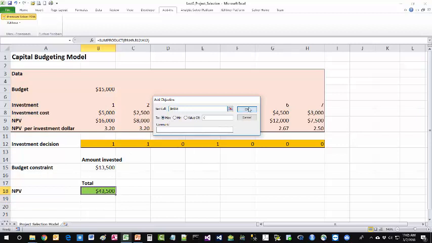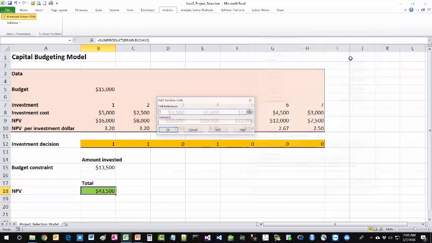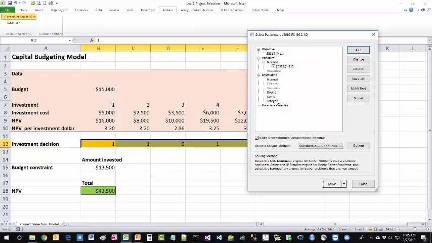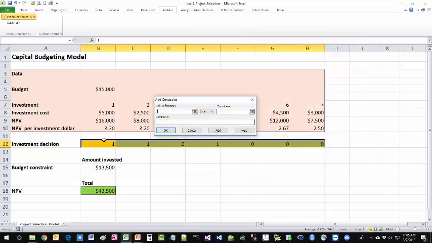B18. Okay, and we're going to change the variables. Decision variables are the selection and rejection cells, which are also constrained to be binary, for which you select the bin option in the drop down.